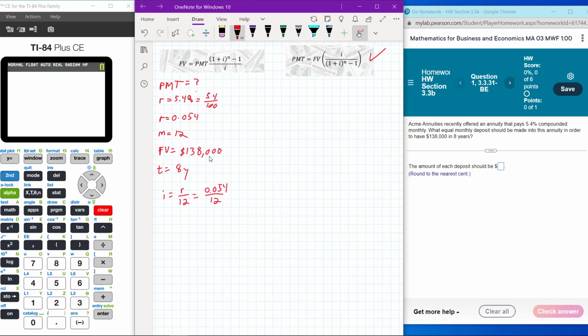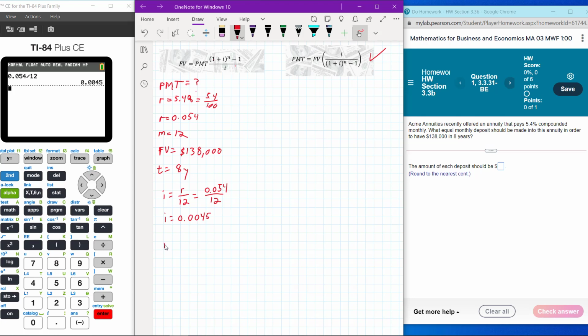I have a calculator right here, and that gives me 0.0045. So I is equal to 0.0045, the fraction of interest earned every single month.